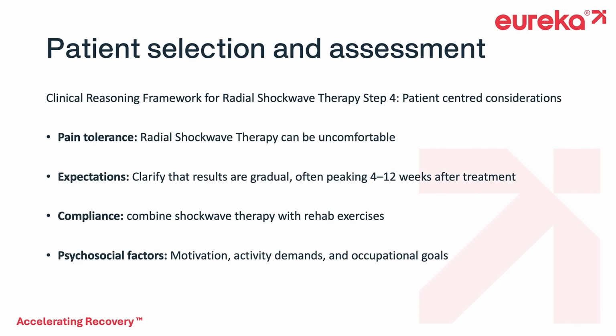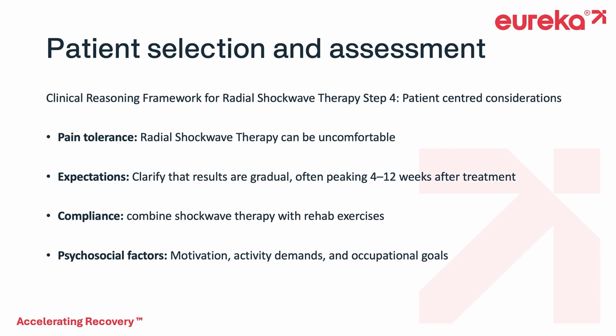Step 4. Patient-centered considerations. Consider the patient's pain tolerance, as radial shockwave therapy can be uncomfortable and the patient needs to be able to tolerate percussive sensation. Expectations. Clarify that results are gradual, often peaking 4 to 12 weeks after treatment, and treatment success is not guaranteed. Compliance.